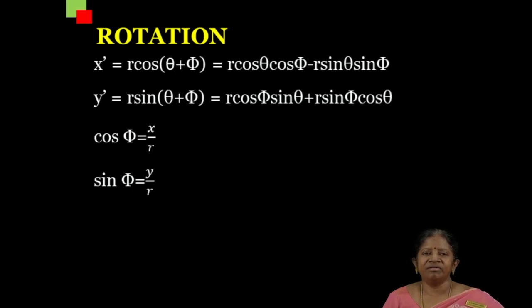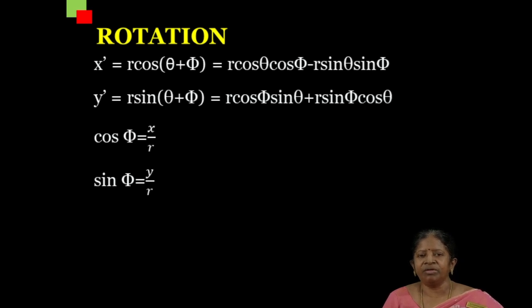Here is the equation for the rotation. So we have x dash, y dash as the rotated point, x, y as the original point, and theta is the angle of rotation. We have x dash equal to r cos of theta plus phi and y dash equal to r sin of theta plus phi.